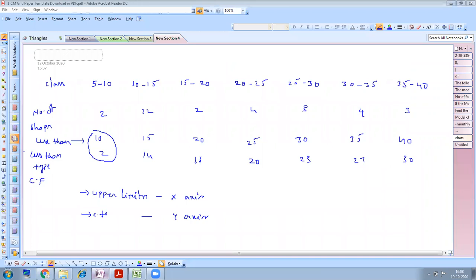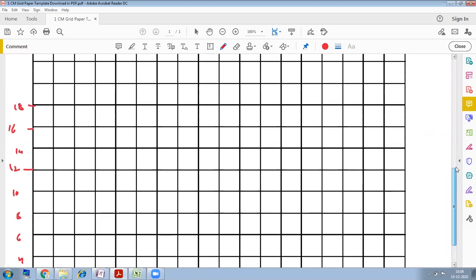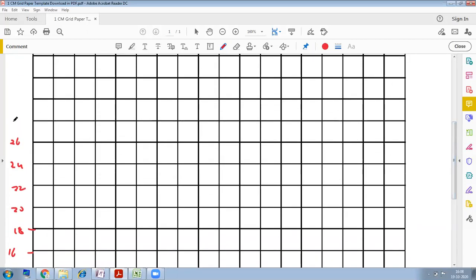On the y-axis, this is 2, 4, 6, 8, 10, 12, 14, 16, 18, 20, 22, 24, 26, 28 and 30.